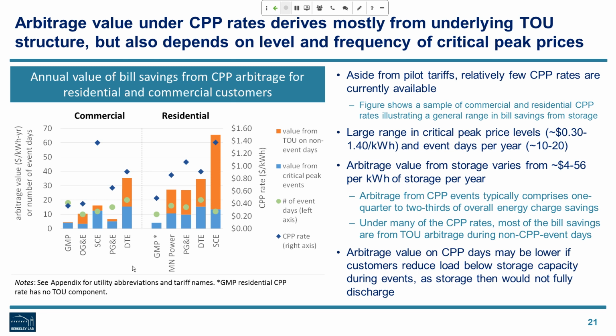And the value is separated into the value from the time of use arbitrage on non-event days in orange and critical peak event days in blue. The green circles show the number of event days, and the dark diamonds show the CPP rate level, which ranges in this case from 30 cents to $1.40 per kilowatt hour.